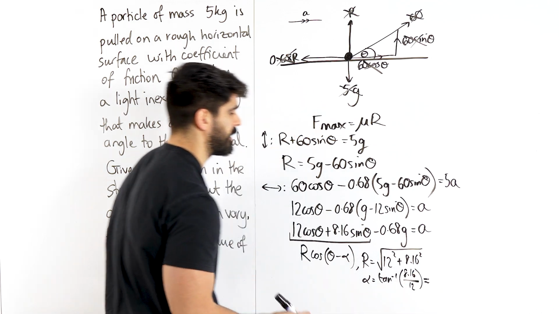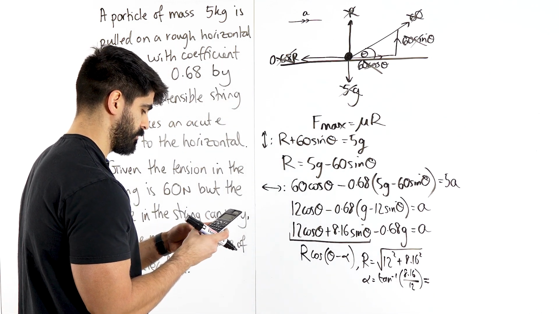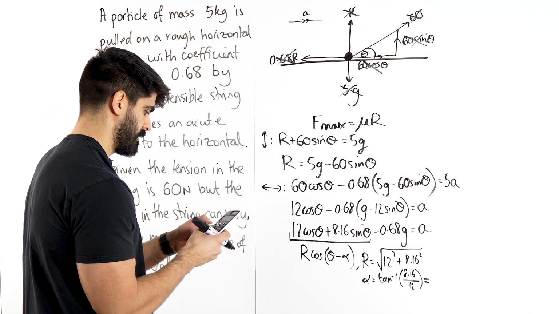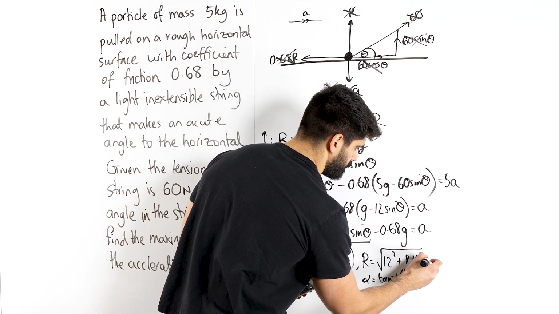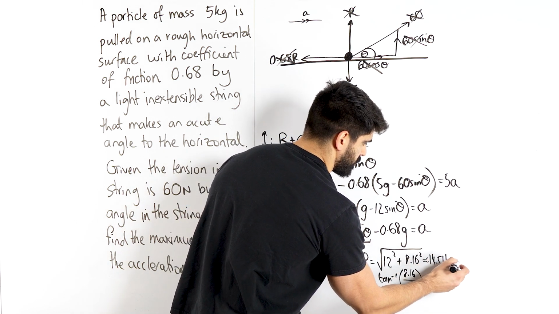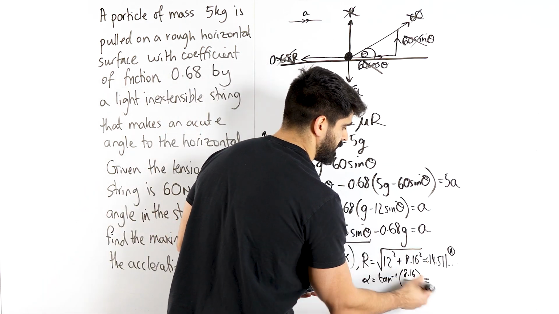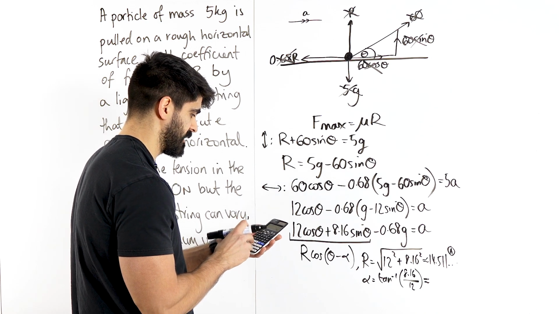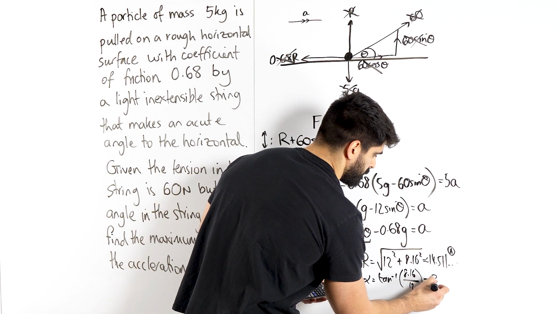So we have root of 12 squared plus 8.16 in a bracket, squared, which is 14.511, etc. I'm going to store that value as A, just so I can use it later. This one I don't really care about. Inverse tan of, I'm doing a bit extra just so you guys get the full education in that. It's about 34.21.